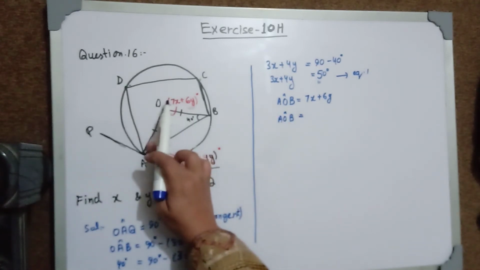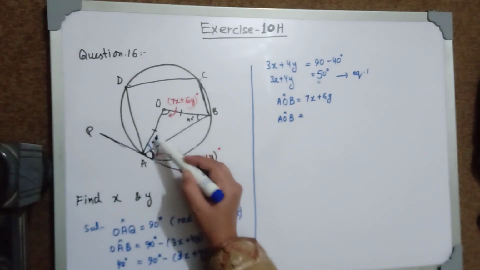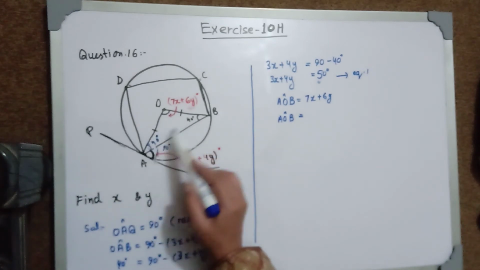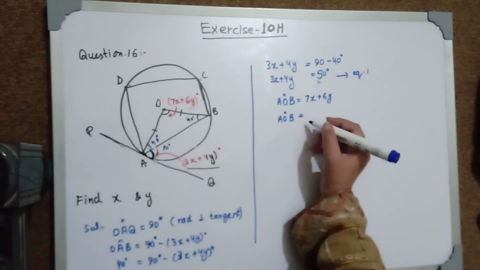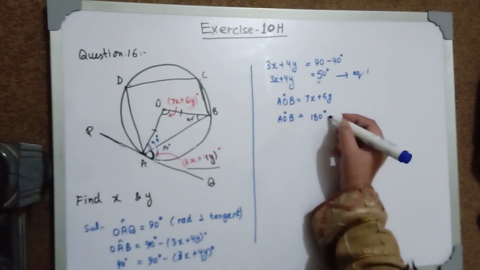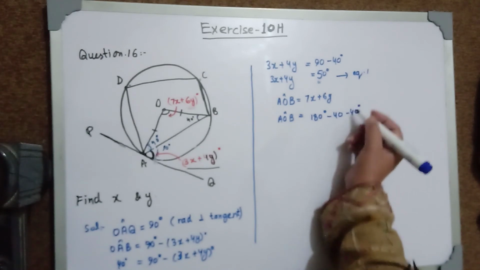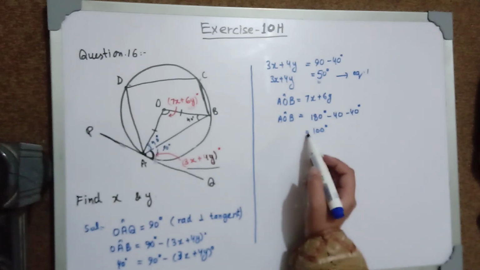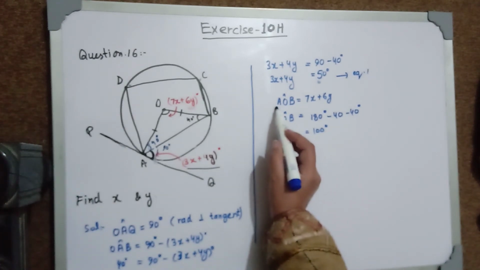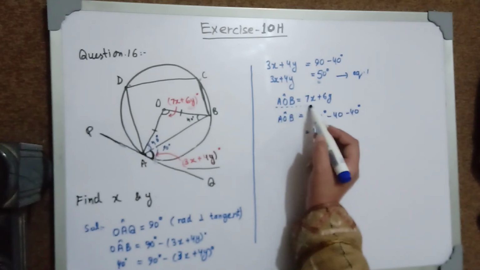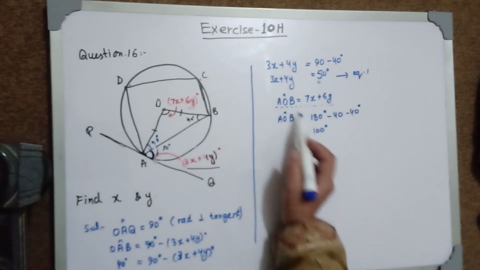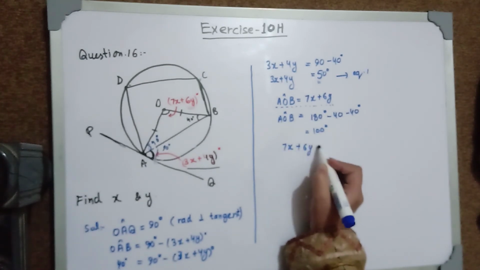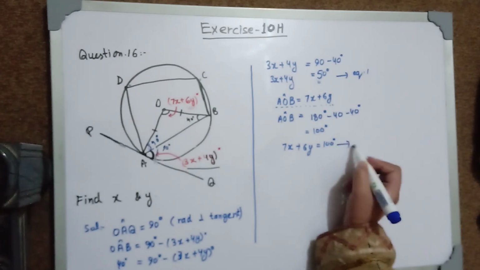The two base angles are 40 degrees, so we can find this third angle by subtracting these two angles from 180 degrees. So angle AOB will be equal to 180 degrees minus 40 minus 40, which comes out to be 100. I'm going to substitute this value of AOB in the equation we just wrote, so the equation becomes 7x plus 6y equals 100 degrees, and that's our equation number 2.